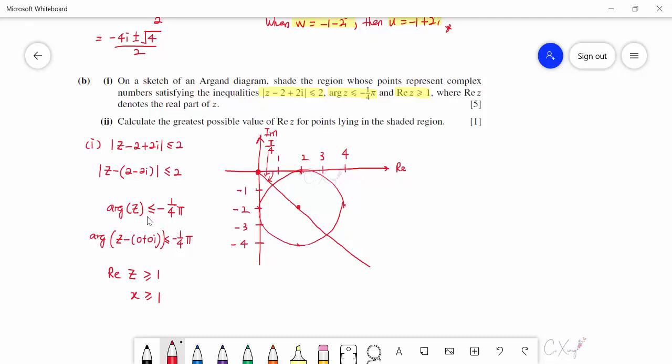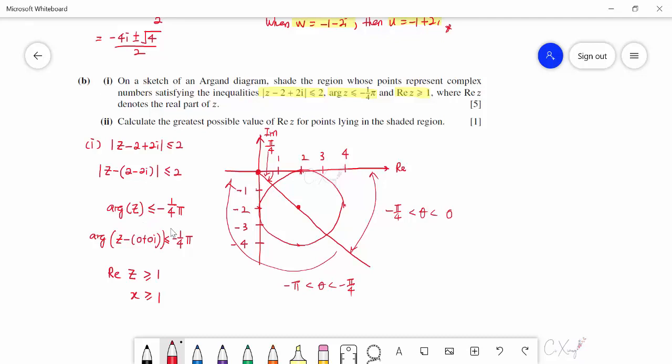Okay, and after that, we want to sketch this inequality, smaller than negative pi over 4. The angle from here until here is from negative pi over 4 until 0. From here until this part, this whole area, the argument is actually from negative pi until negative pi over 4.